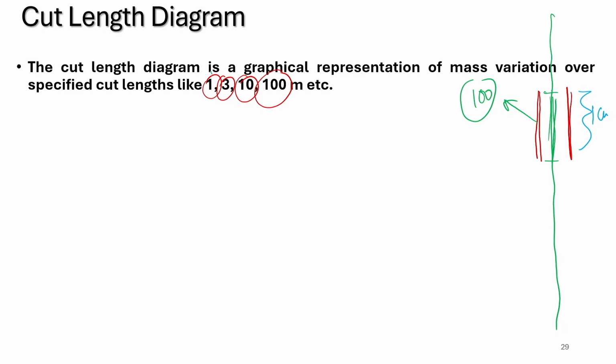So, then we get per meter variability. So, it will take the data, it will add all this, and you will get that value.